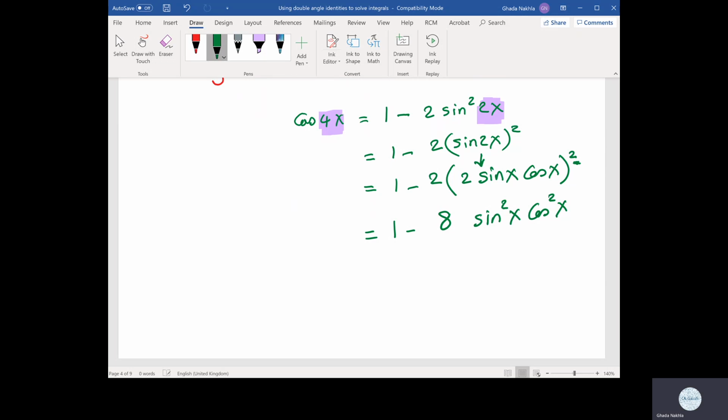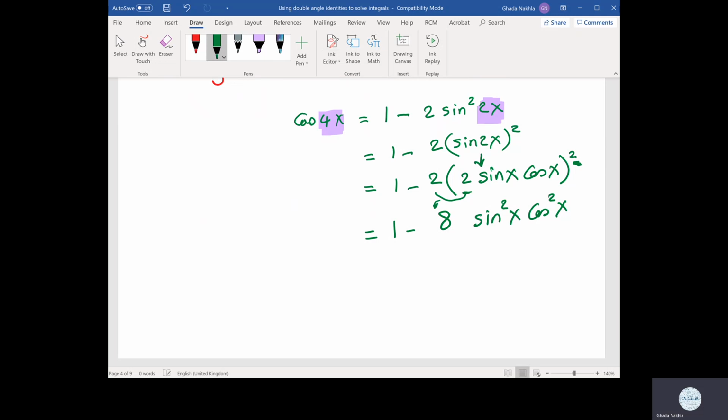Just a recap of what we did: the 2, I've squared it because the bracket was all squared, so it became a 4, and then the 4 times the 2 will give you the 8. So 2 squared, which is 4, times the 2 is 8, and then sine squared x cos squared x.